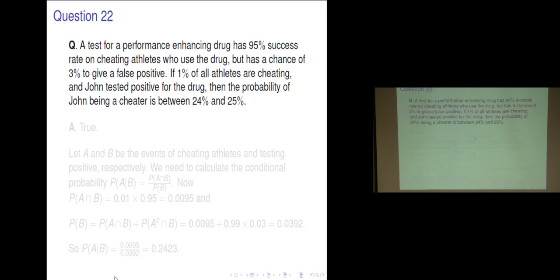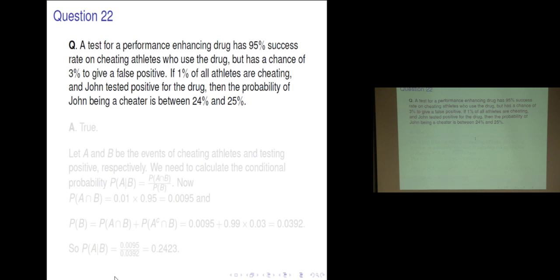On the cheaters, if they go through the test, 95% of them get caught. But it has a chance of 3% to give a false positive, right? As I just said, a false positive means the people are innocent, but somehow the test shows positive. So the figure was 3%.